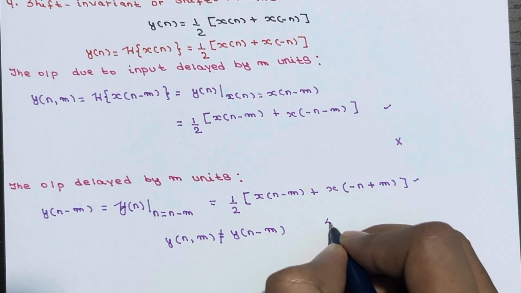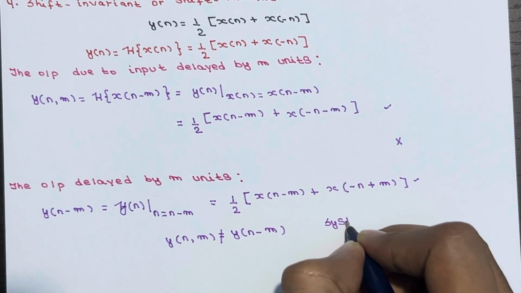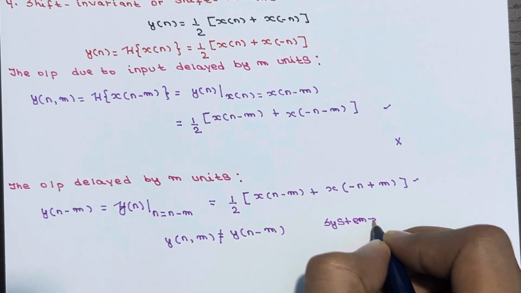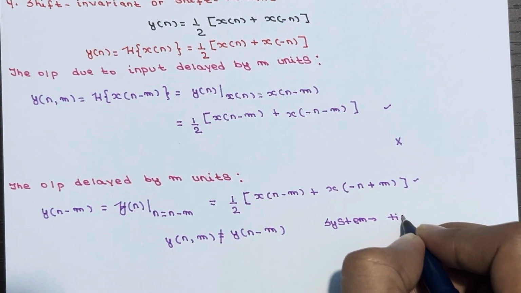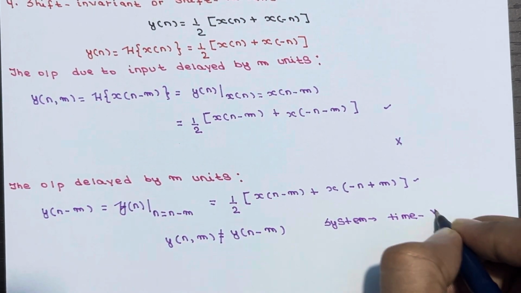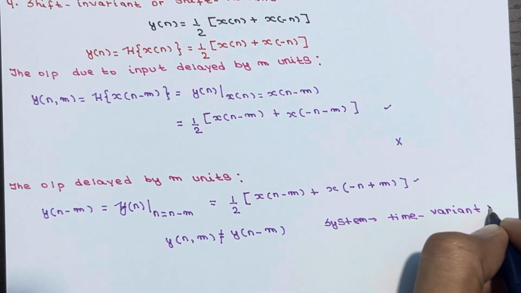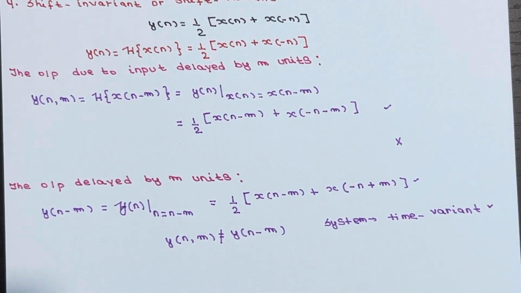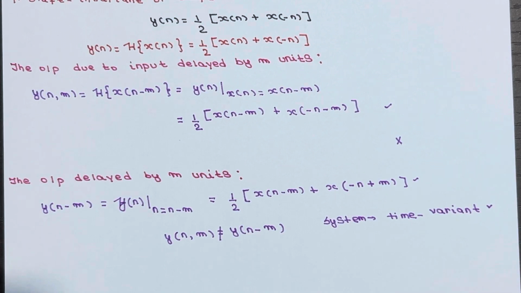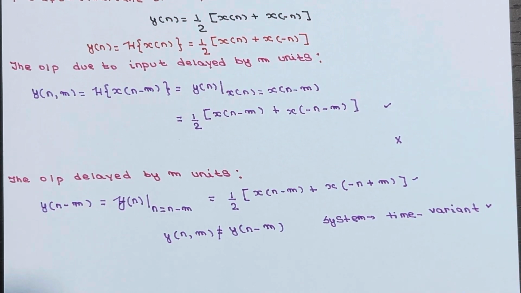So in this case we can say the system is time or shift variant. Clear? So overall, we concluded that the given system is dynamic in nature, linear, non-causal and time variant.